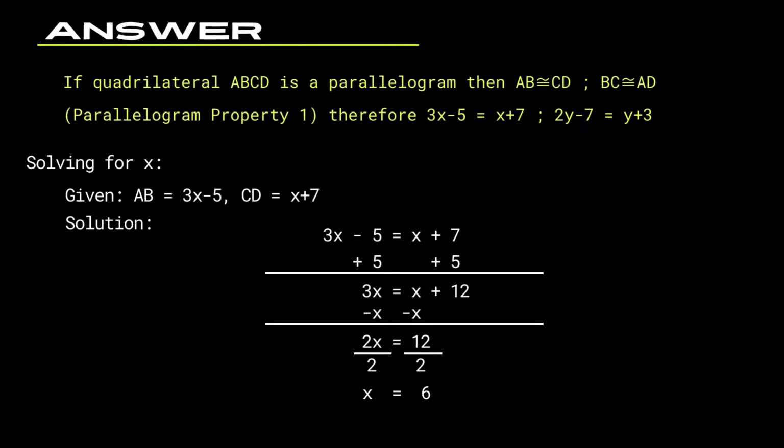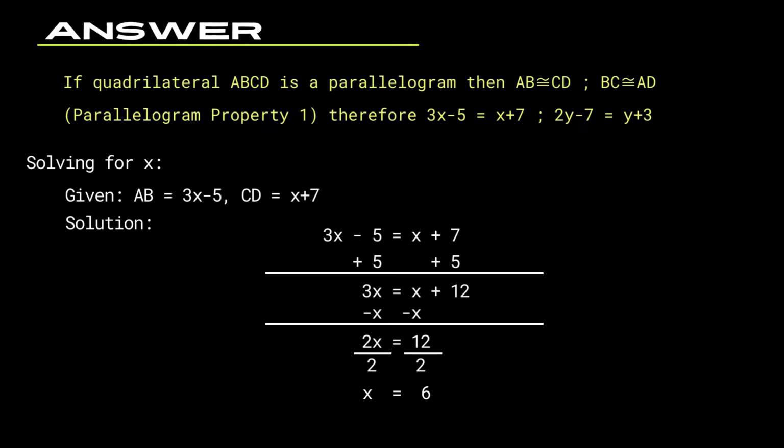As I've said, first we identify the condition or property that applies to our given, which here is parallelogram property 1, which gives us the statement: if quadrilateral ABCD is a parallelogram, then AB is congruent to CD and BC is congruent to AD.